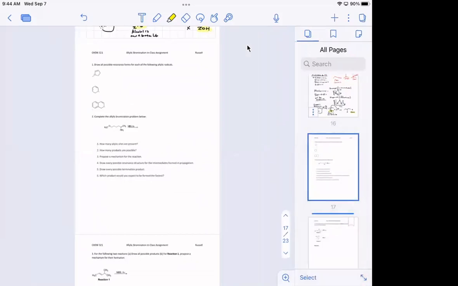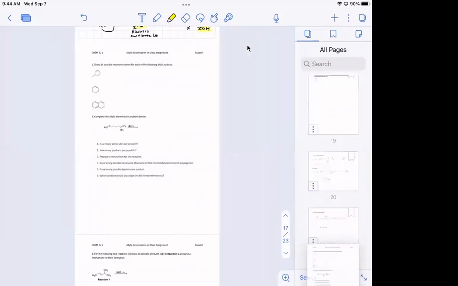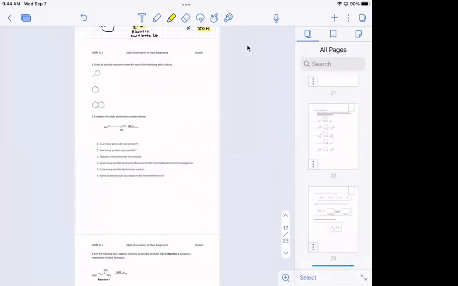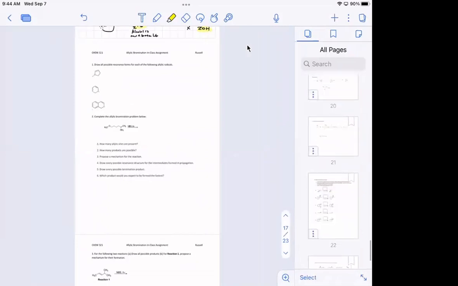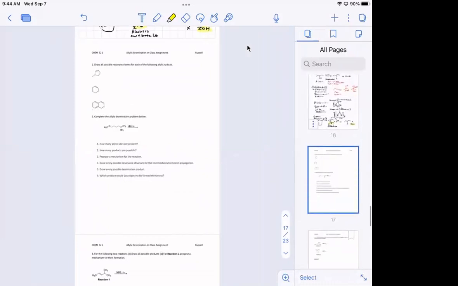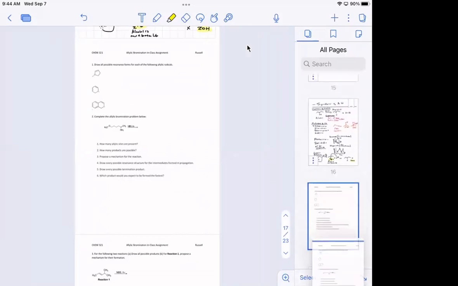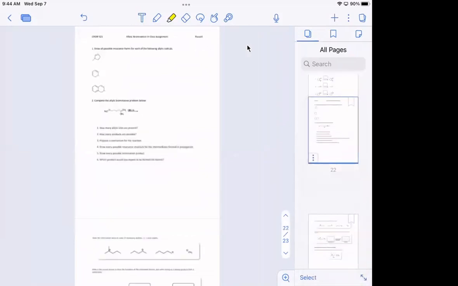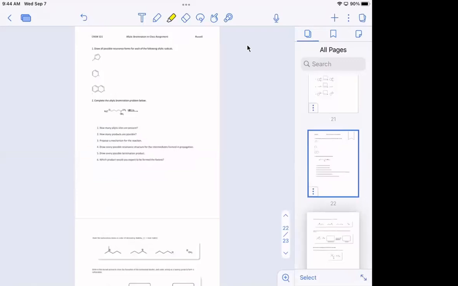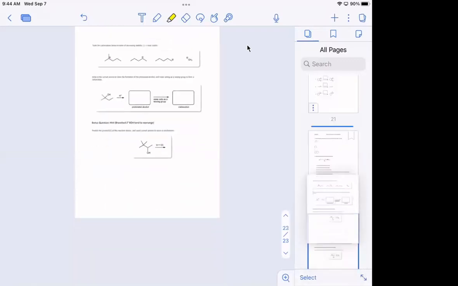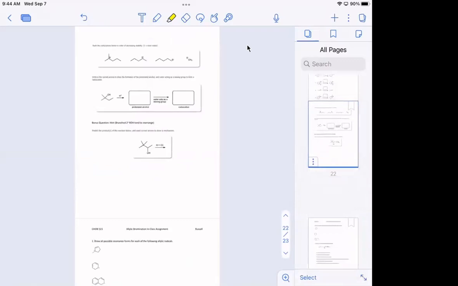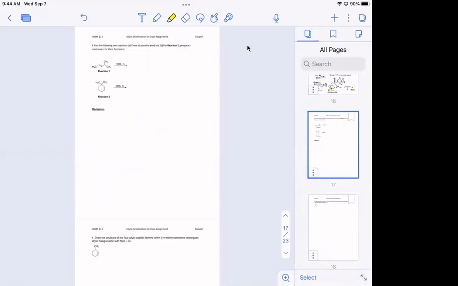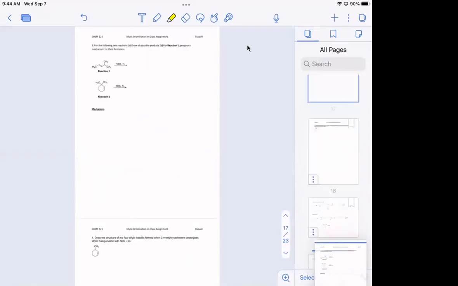Let me rearrange these pages right quick. I just need to put the alcohol stuff up further and move the allylic bromination stuff to the back.